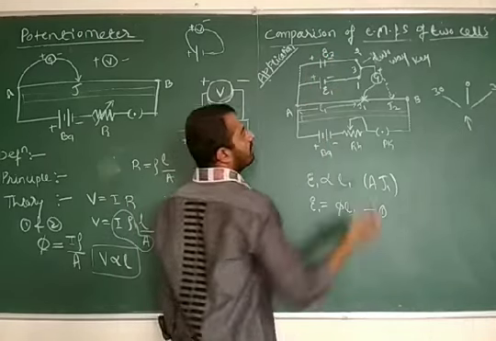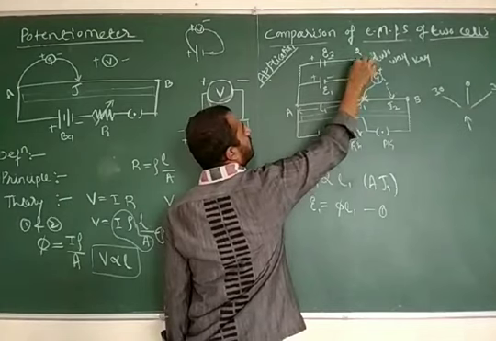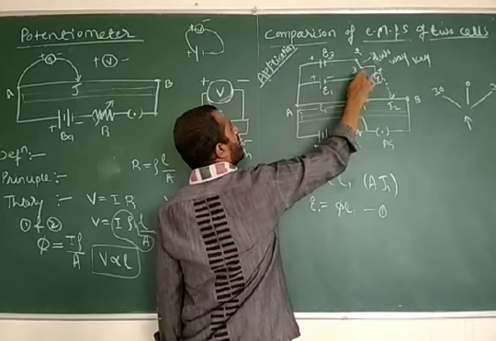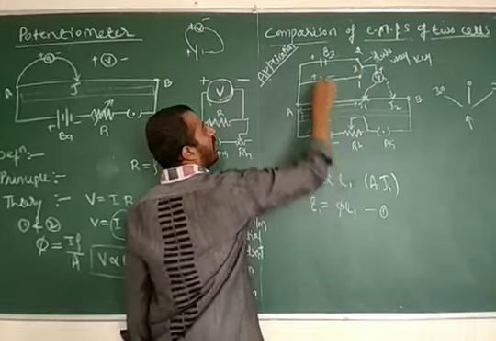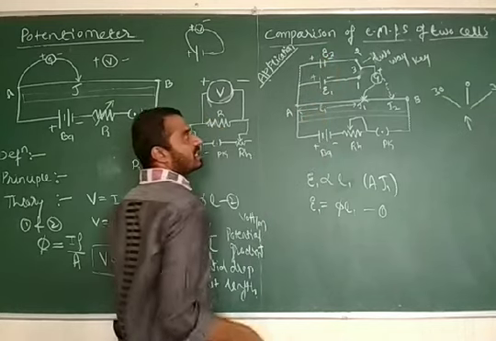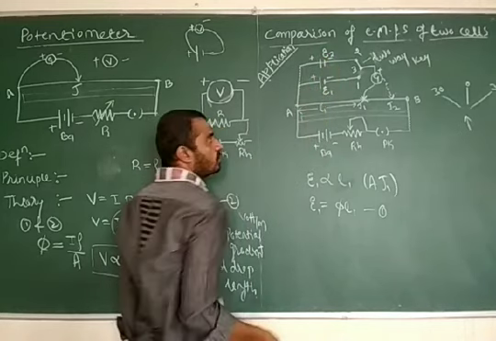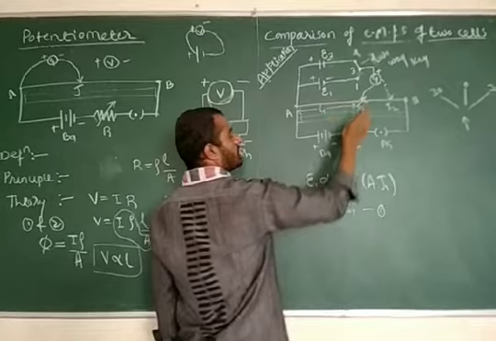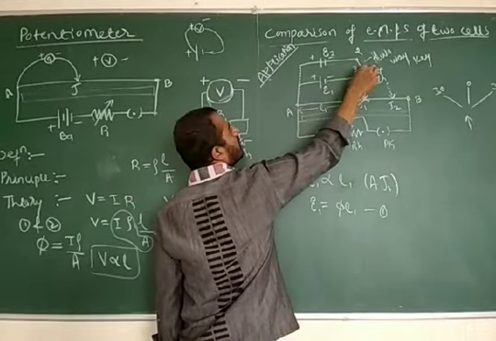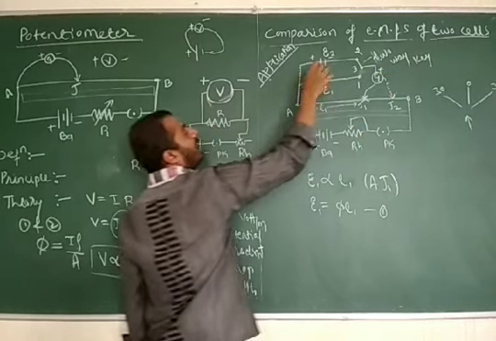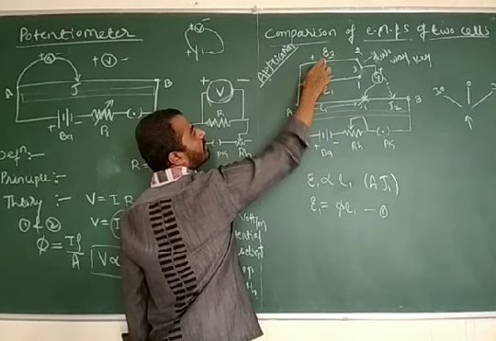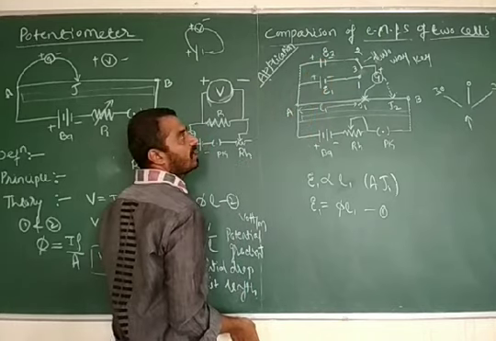How is that done? By closing this key in a two-way key between 2 and 3. Now I stopped current from the first cell and started current to flow from the second cell of EMF E2.